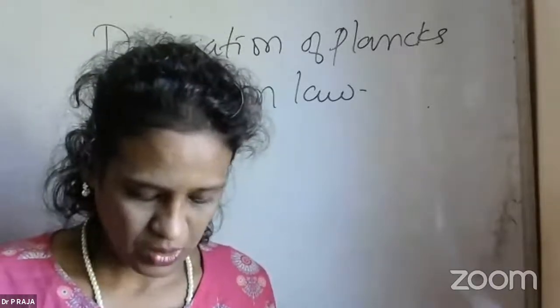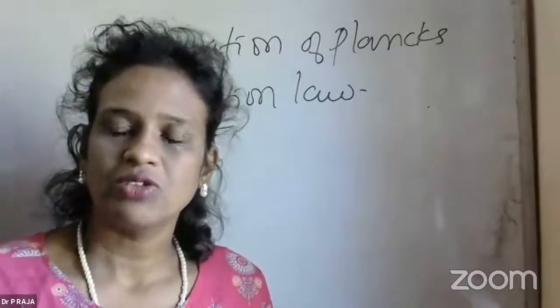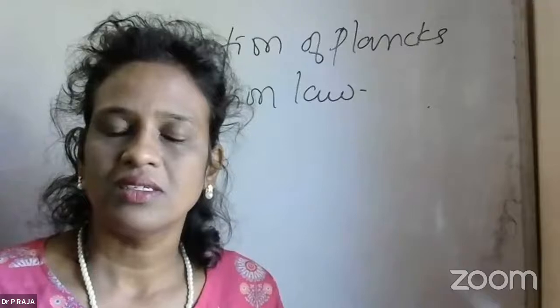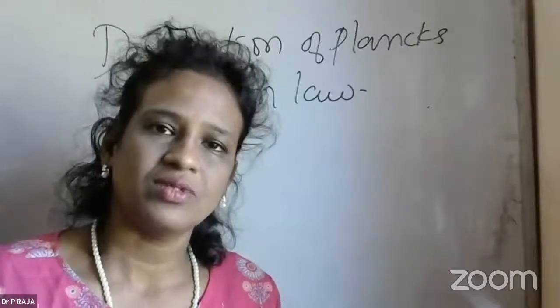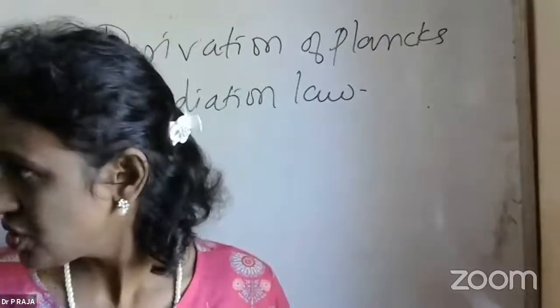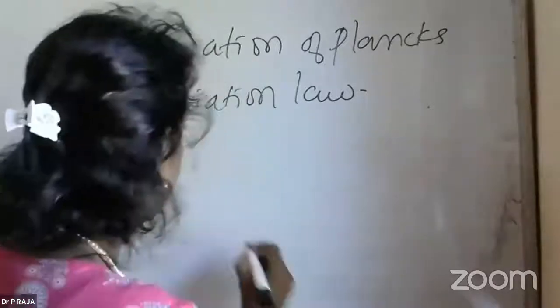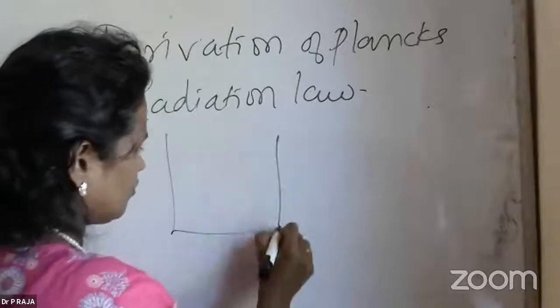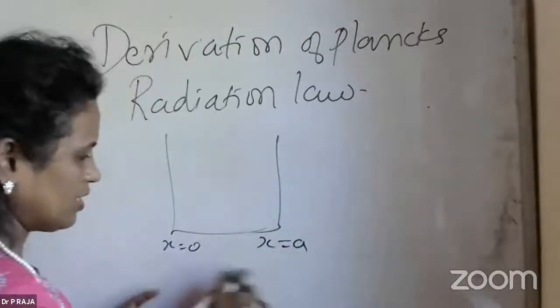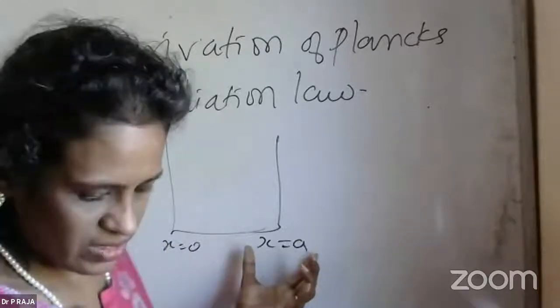Here Max Planck also considered the same cubical enclosure of length x equal to 0 to x equal to a.